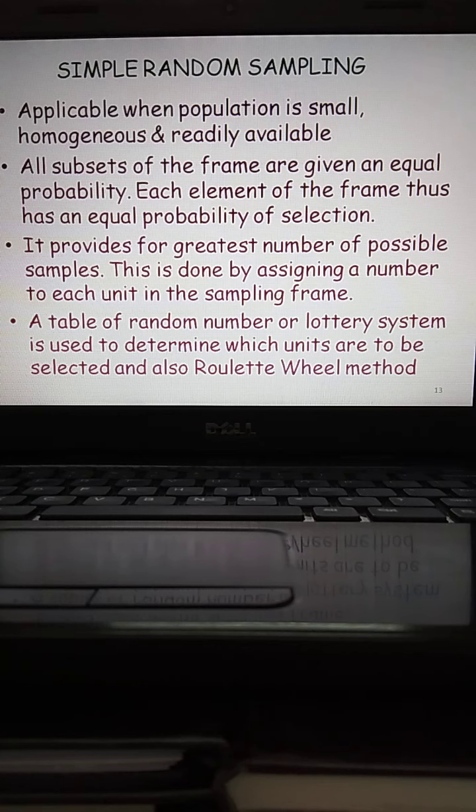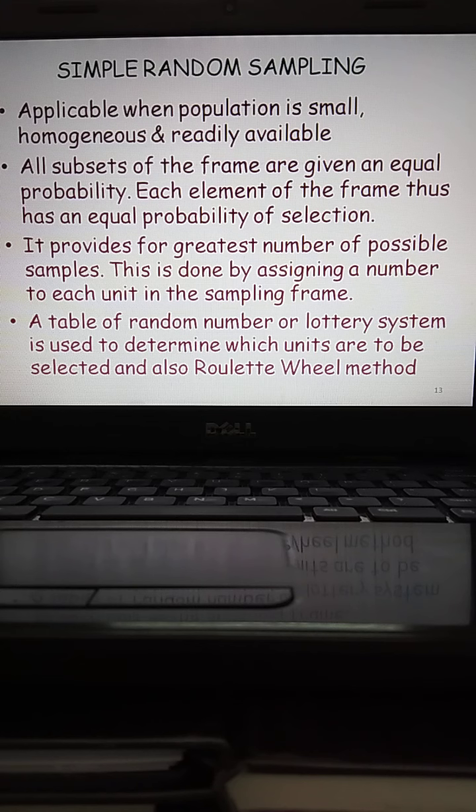From that only, n number of samples can be collected: 5, 10, 12, whatever is the size of the sample. But that should be less than the size of the population. So always remember that you need to pick a sample which should explain all the characteristics of the population effectively.